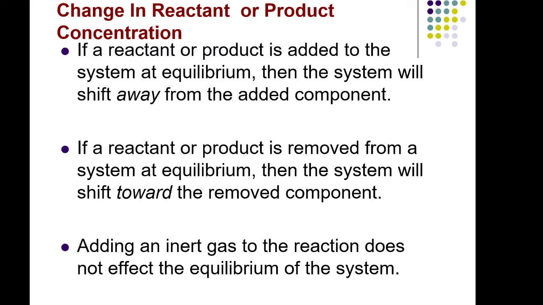So if I add a reactant, I'm going to shift away. Add away, AA. If I add a product, I'm going to shift away, AA. If I remove a reactant or a product, I'm going to shift toward what I removed.